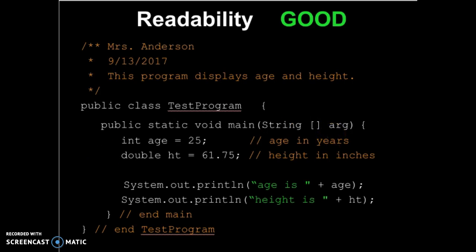But if I had to maintain your program, I would prefer this, because I don't have to guess if the age was in years or months, or if the height was in inches or centimeters. I'm going to know. And I also get a description of the program at the top. Again, this is a small program, and our programs are going to get large quickly. So the more we can organize, the more it helps you keep track of where closing braces are.